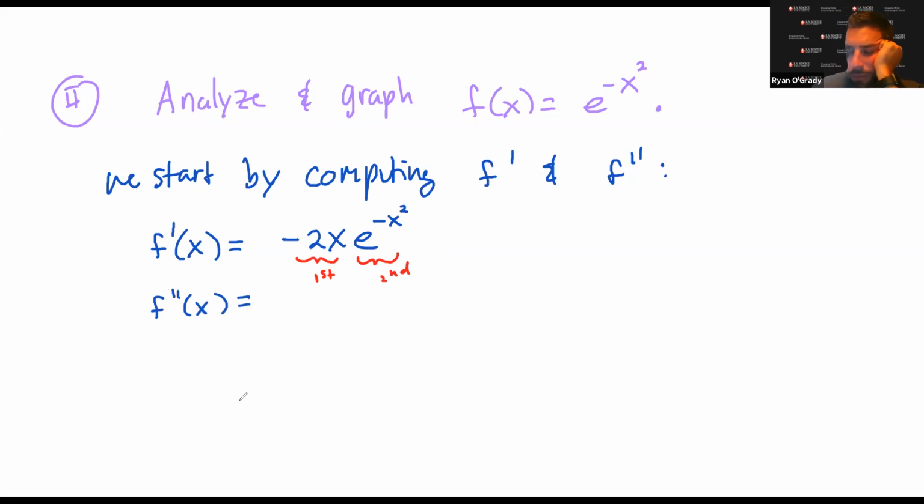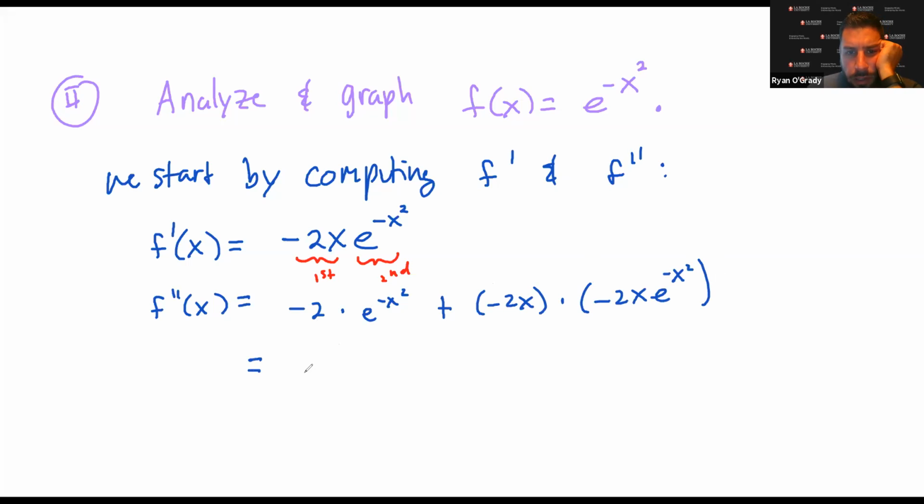You take the derivative of the first, which is negative 2, leave the second alone, plus the first times the derivative of the second, which is the same thing we started with, or our first derivative, I should say. And so this thing actually cleans up. It looks frightening, but it's really not that bad.